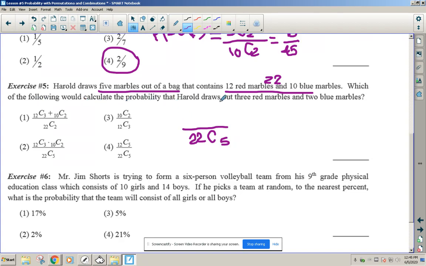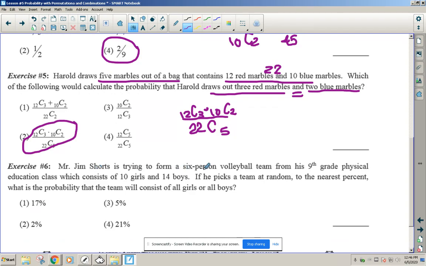Calculate the probability that Harold draws out 3 red and 2 blue. Well, he had 12 red, and he chose 3. And multiplication, he had 10 blue, and he chose 2. Well, that would be right here, choice 2. They didn't even make you type it in, so that was nice.